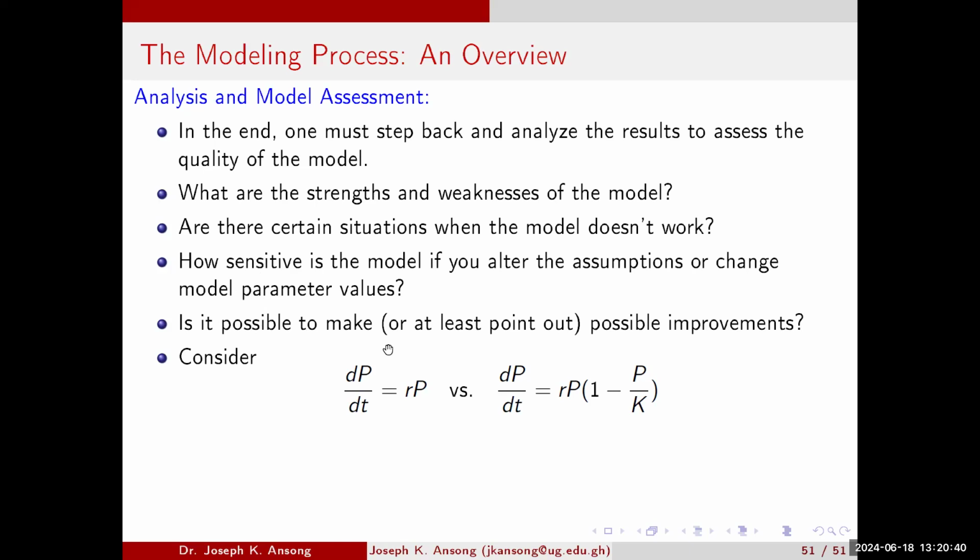For example, this model here was the original model for population growth, right? How population grows with time is proportional to the actual population, where r here is the growth rate. But this just gives you an exponential growth, which is not very realistic because things don't grow exponentially. There are environmental factors that will limit the growth of a population.